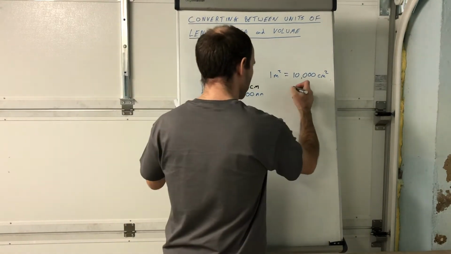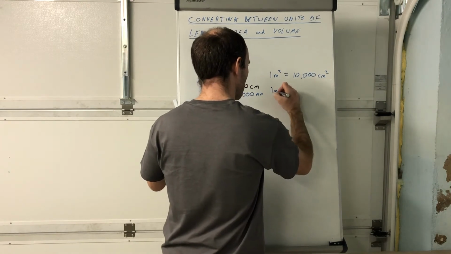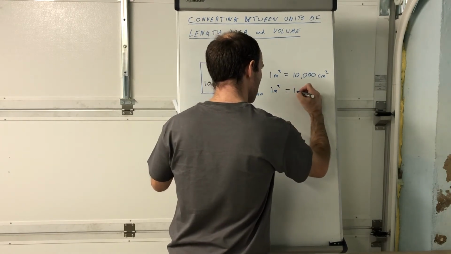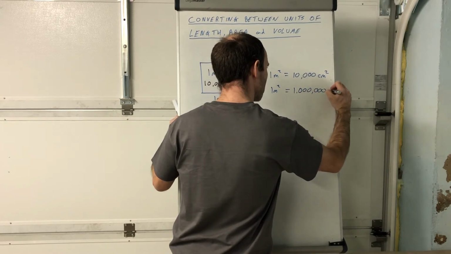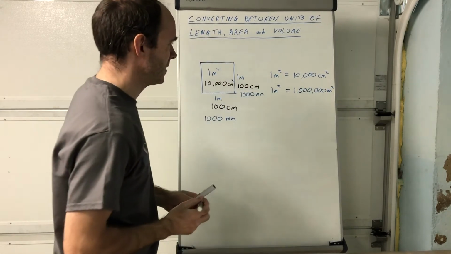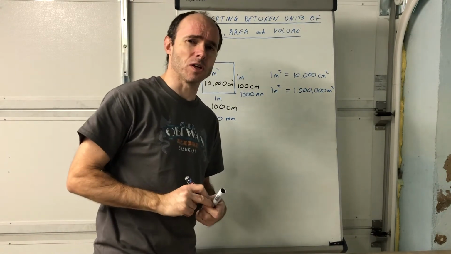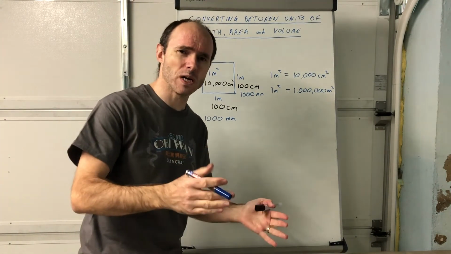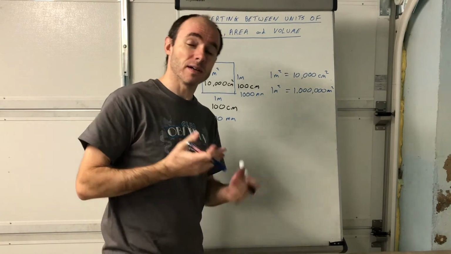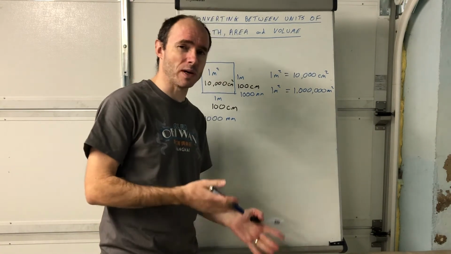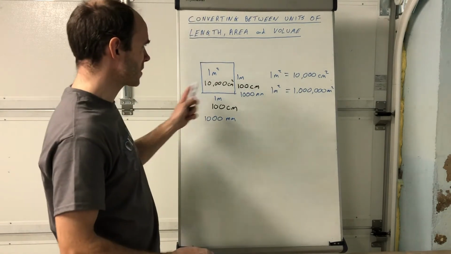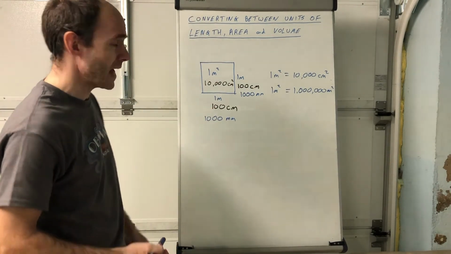So 1 metre squared is also the same as 1 million millimetres squared. Those are pretty useful conversions to know. I won't do the kilometre squared because, to be honest, in Excel maths that's not generally asked for. It's normally centimetres squared and metres squared. But those are the conversions you need to know for area.